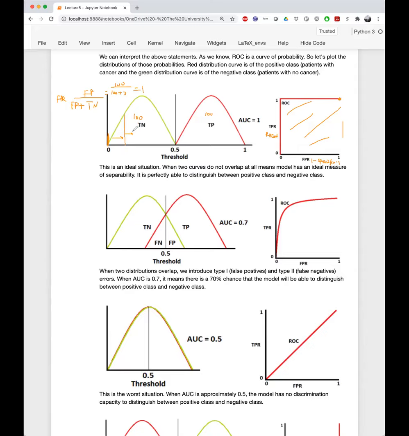In this case, the false positive rate is equal to false positive over actual negative. What's the false positive? False positive cases will be the area between this vertical line, the threshold, and part of the green curve. If the total number of cases is 100, then this area may be 85.